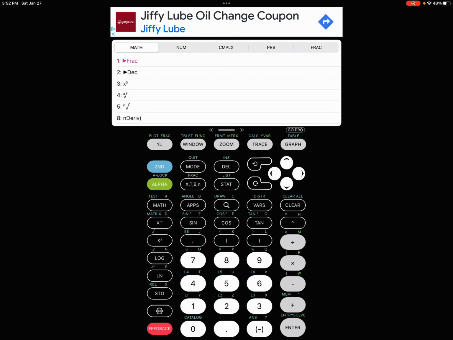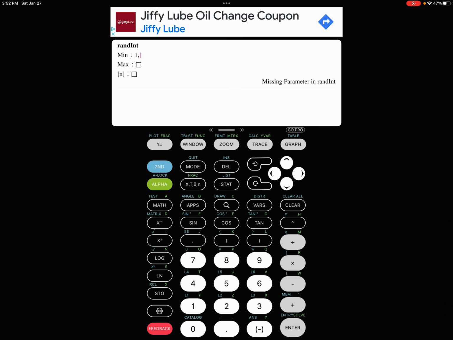Not sure why it's struggling. Math, probability, number 5, 1. Well, of course it's missing a parameter. It won't let me go to the next one.